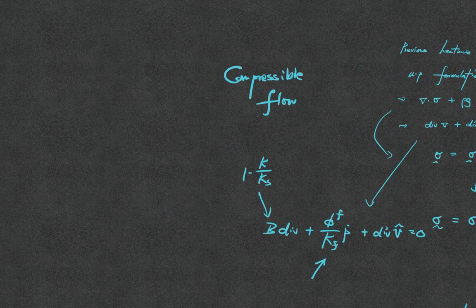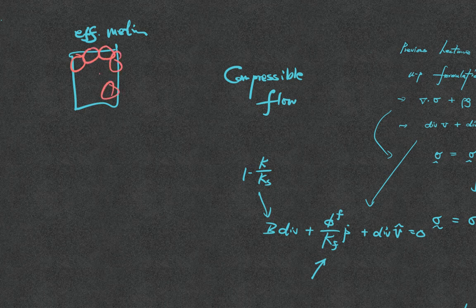The phase diagram looks like this. So this is an effective medium, and you can imagine that there is some solid there and some liquid inside. Imagine there's a centrifuge and I'm able to separate it into two phases.